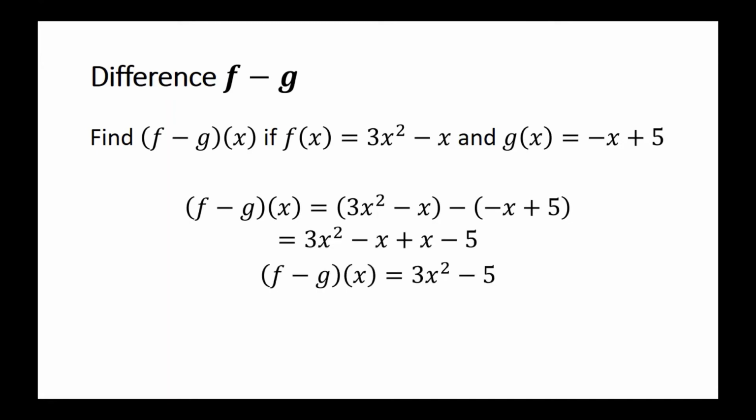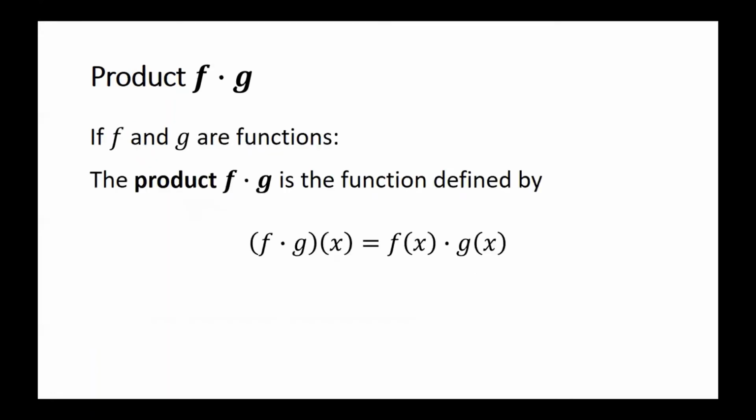Simplify the expression until we get f minus g of x is equal to 3x squared minus 5. For the domain, there are no restrictions on the domain of f of x or g of x. Therefore, the domain of the difference, f minus g of x, is the set of all real numbers.